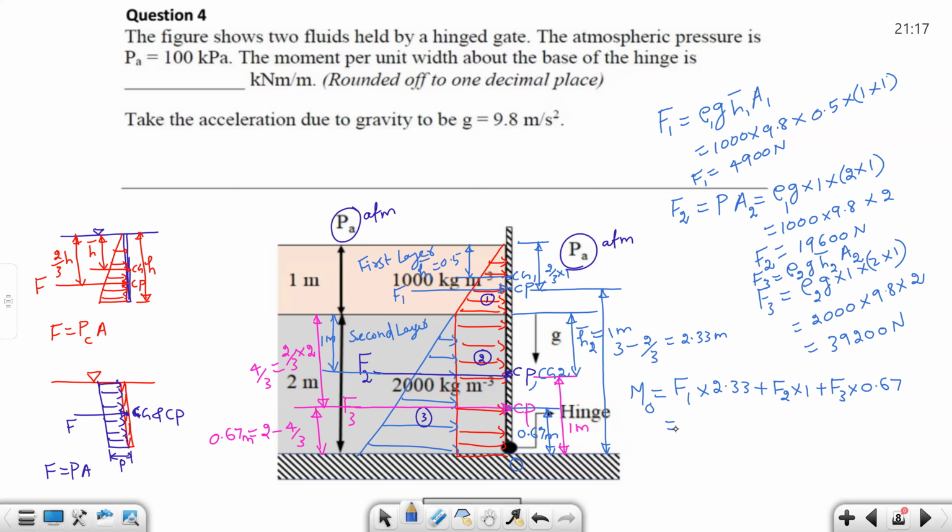So F1, you know that, 4,900 into 2.33. F2 is 19,600 into 1.